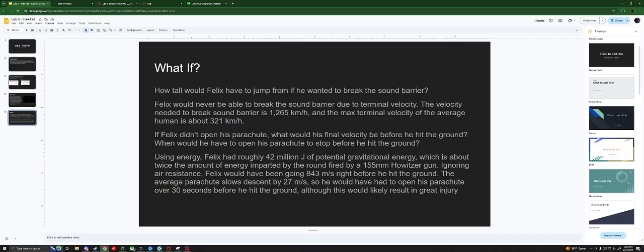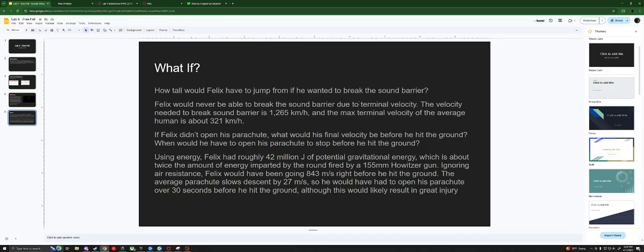Next, we have some what-if questions. How tall a height would Felix have to jump from if he wanted to break the sound barrier? No matter how tall he jumped from, he would never be able to break the sound barrier due to terminal velocity. The velocity needed to break the sound barrier is about 1.2 kilometers per hour, like I said before.